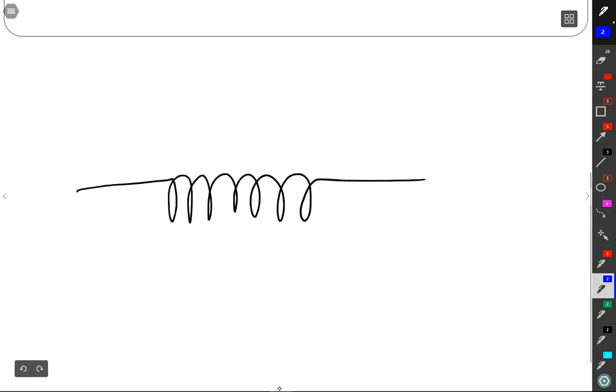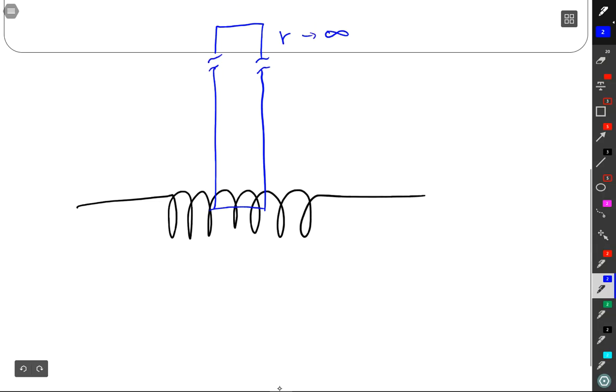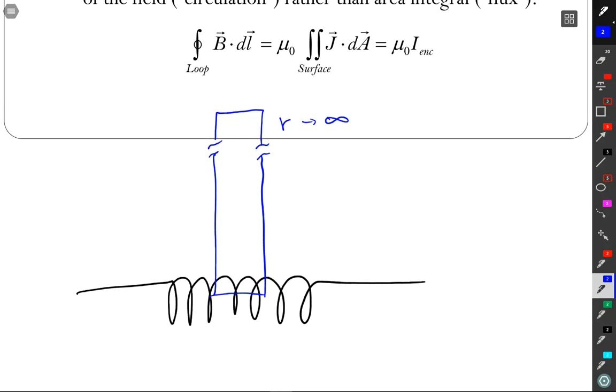So we use a shape that's approaching infinity away from the coil. So that means the magnetic field at the end of the loop is, well, let's say approaching zero.